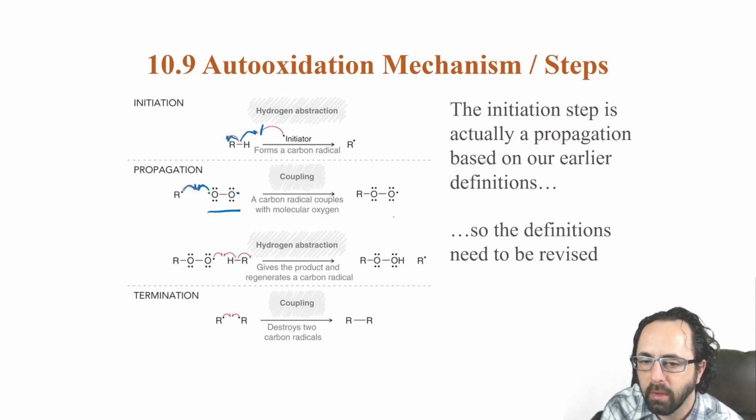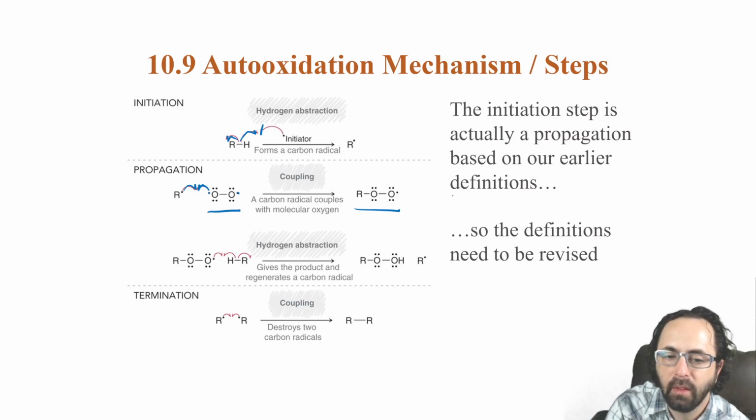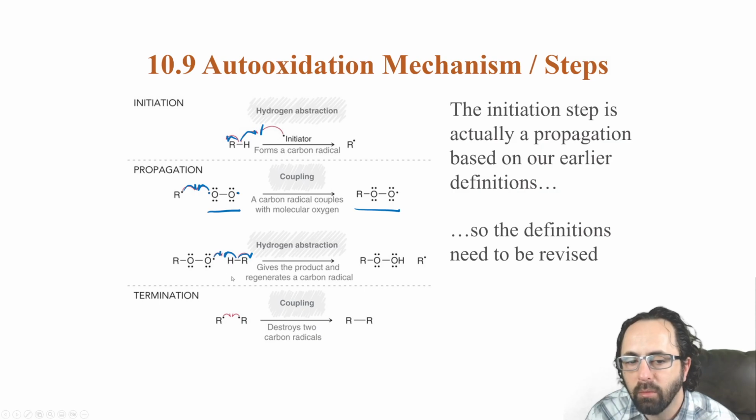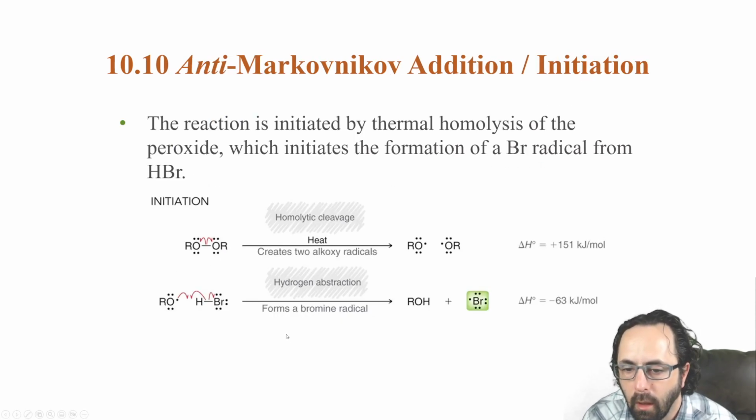The reason why this is a propagation step, and not a termination step, is because we still have a radical afterwards. And that radical can then go on to do a hydrogen abstraction from our substrate here, leaving another radical. And finally, the radicals can terminate. And at that point, we've produced a peroxide here. And these peroxides are highly reactive.